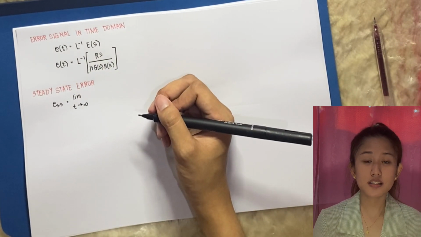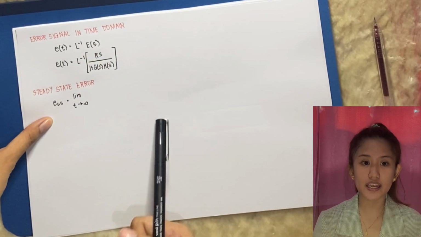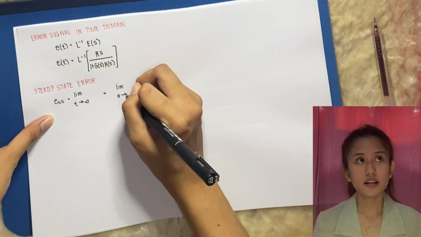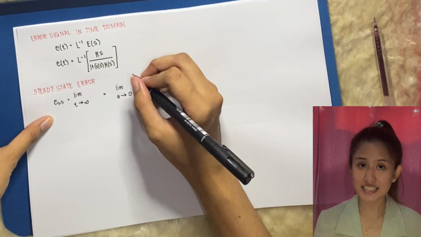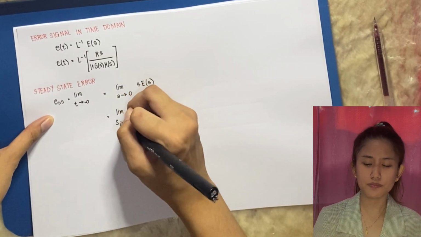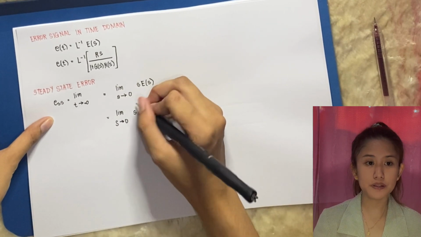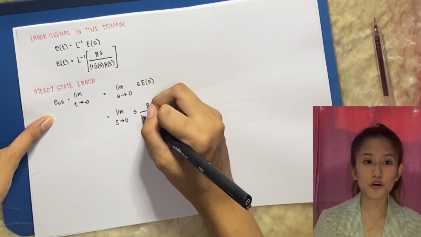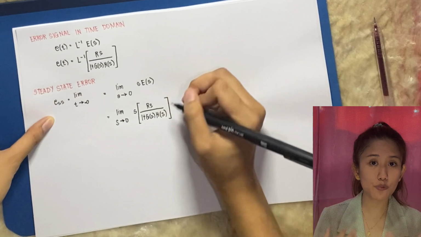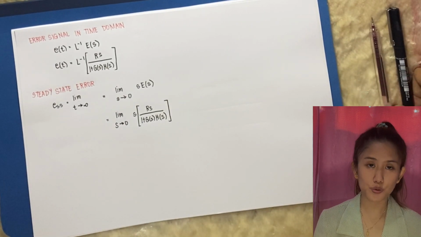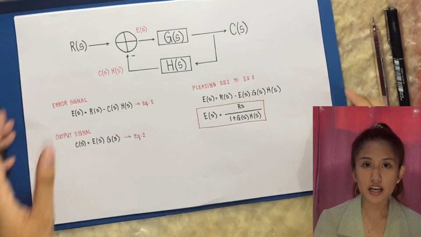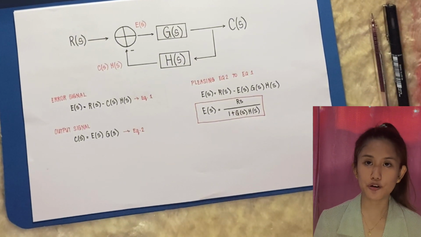And if we want to calculate steady state error based on the Laplace domain of the error function, that would be limit S tends to 0 of S times E of S. And if we substitute the answer for E of S, then it will be limit S tends to 0 of S R of S divided by 1 plus G of S into H of S. So that would be all about the steady state error.